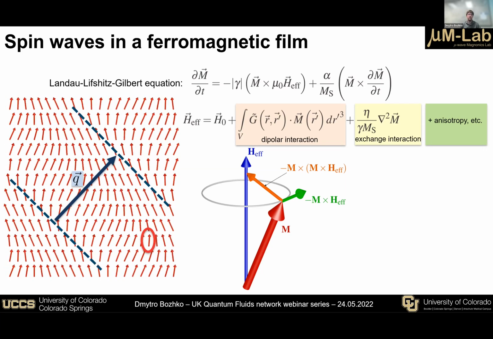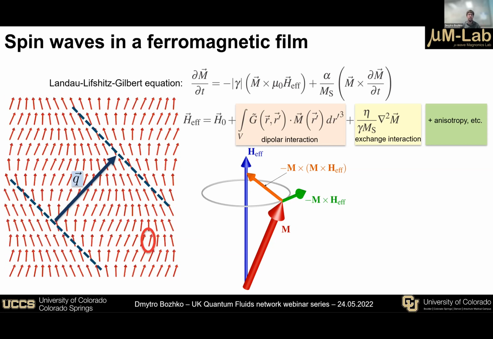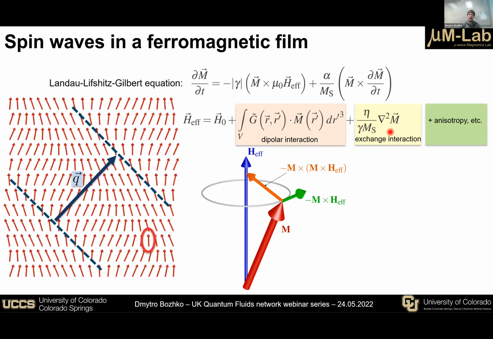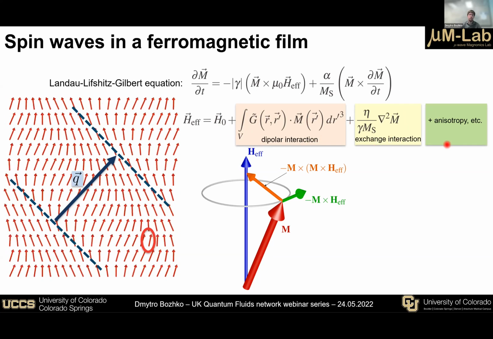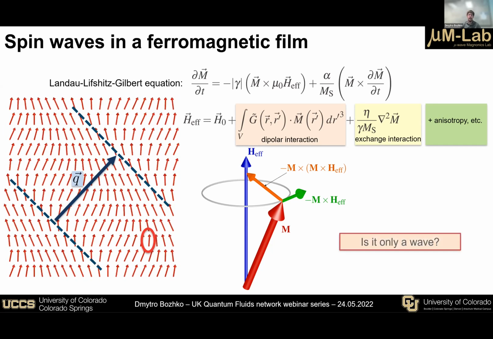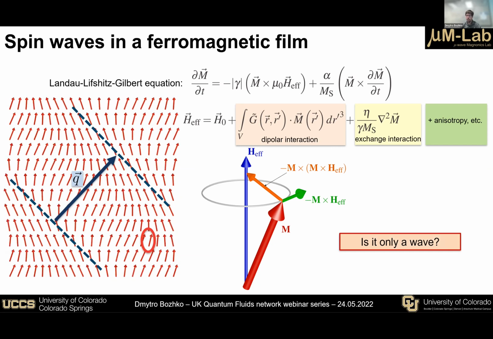There are different effective fields which influence the precession and the energy of the spin waves: the external field, the dipolar interaction field, exchange interaction, anisotropies, and magnetoelastic interaction. So there are many things which could be used for tuning the energy of spin waves and changing the dispersion.